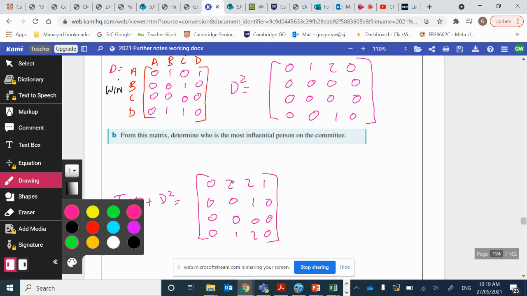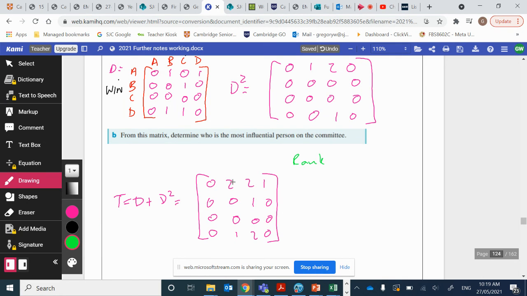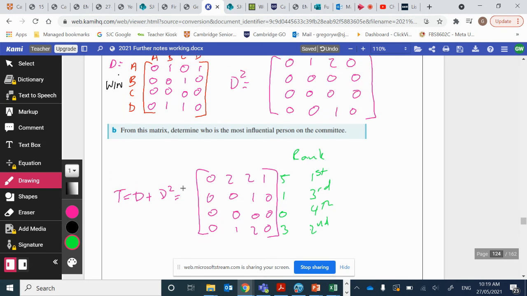Okay, now let's do our rank. Well, we've got 5, 1, 0, 3. So our rank is the most influential, second most influential, third most influential, and fourth most influential. So what does that mean?